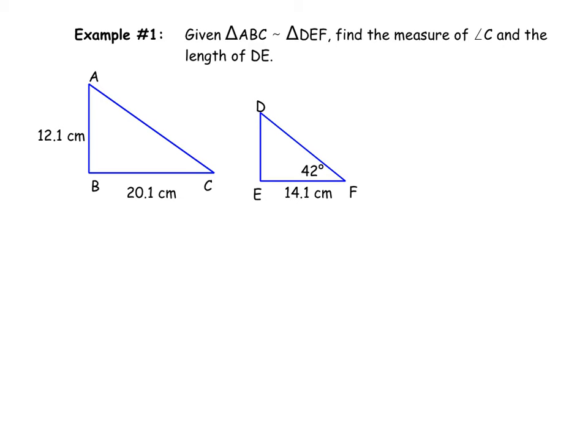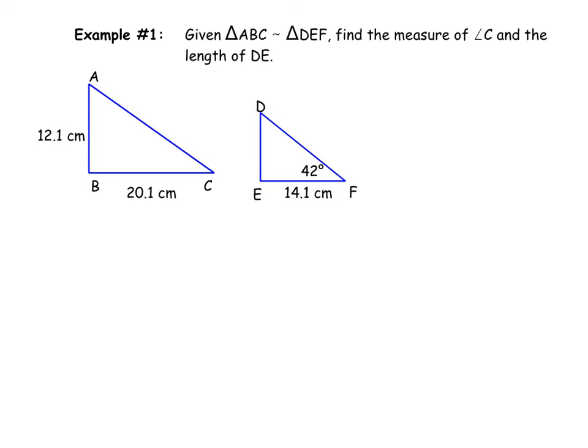All right, so here's our first example. Given triangle ABC is similar to triangle DEF, find the measure of angle C and the length of DE. So I always find it helpful to identify which sides are the ones that are similar or proportional before we start.